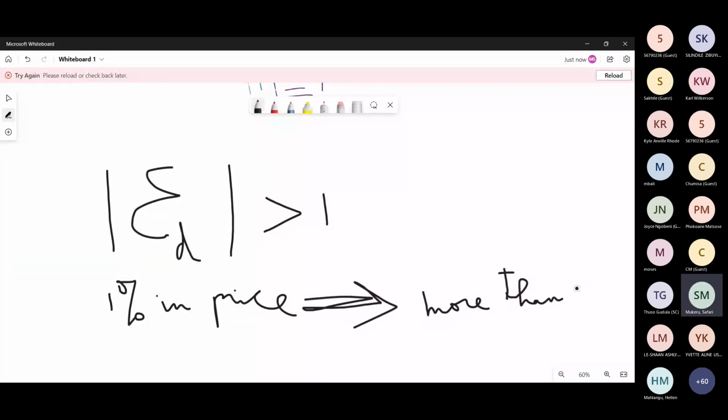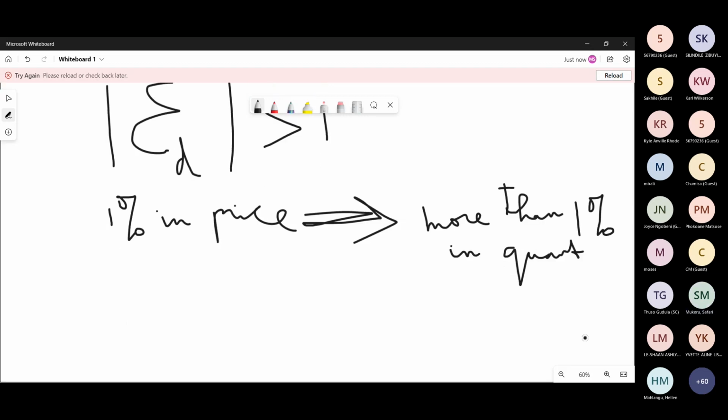Because the more than 1% change in what? Yes, in the demand, right? It implies a decrease, I think, in demand. Whatever, let's leave the decrease or increase and simply see the change, right? In general, a 1% change in the price.